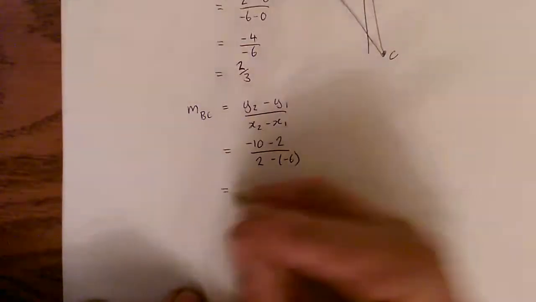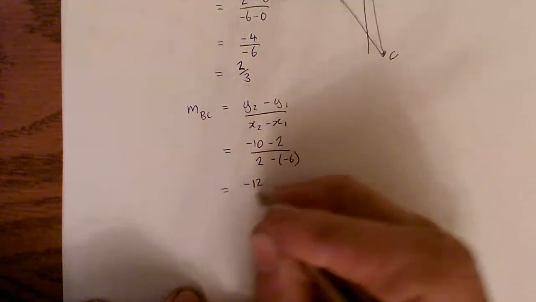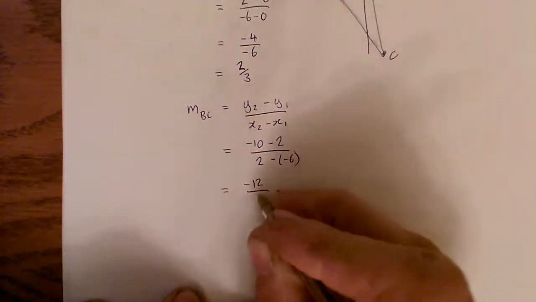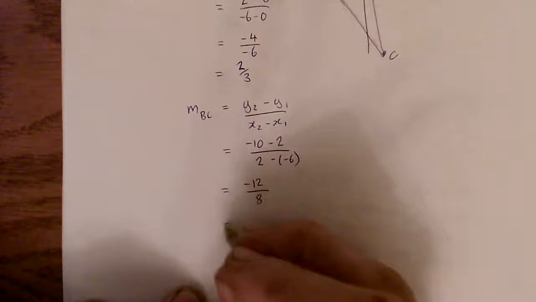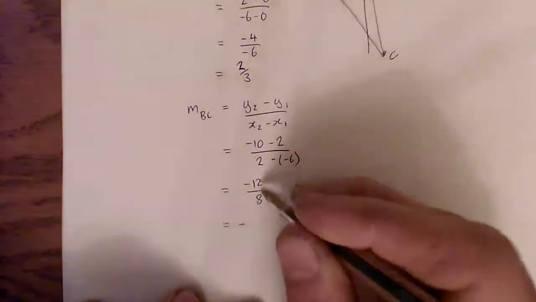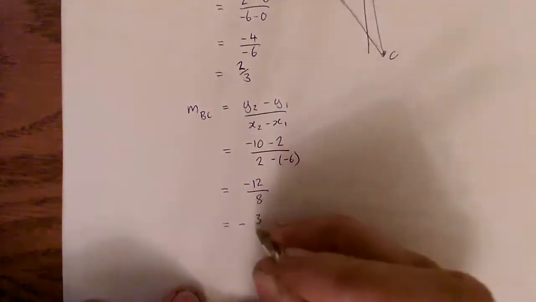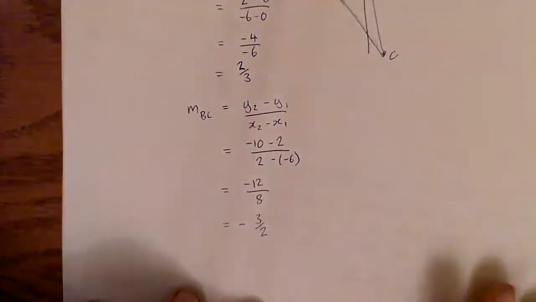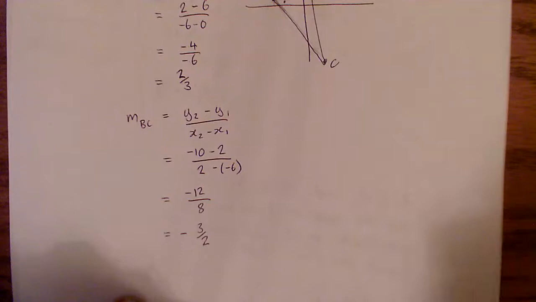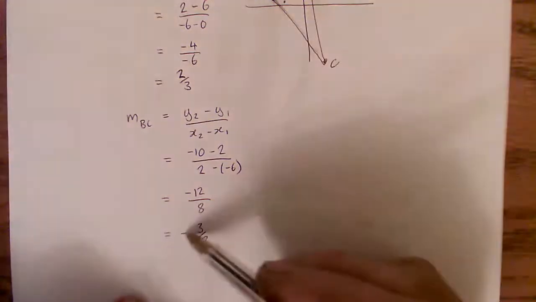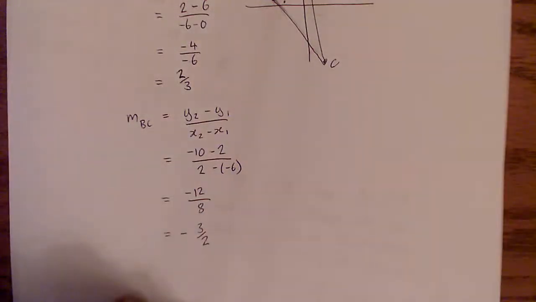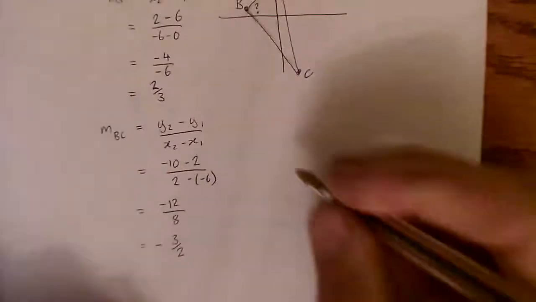So that gives me minus 12 over, minus a minus being the same as plus, 8. Simplifying that down, move the minus to the front. 12 over 8, both divide by 4. So that's going to leave me with minus 3 over 2. So we have 2 over 3 and minus 3 over 2. So yeah, we're happy those are perpendicular, but there's a little statement we want to write.